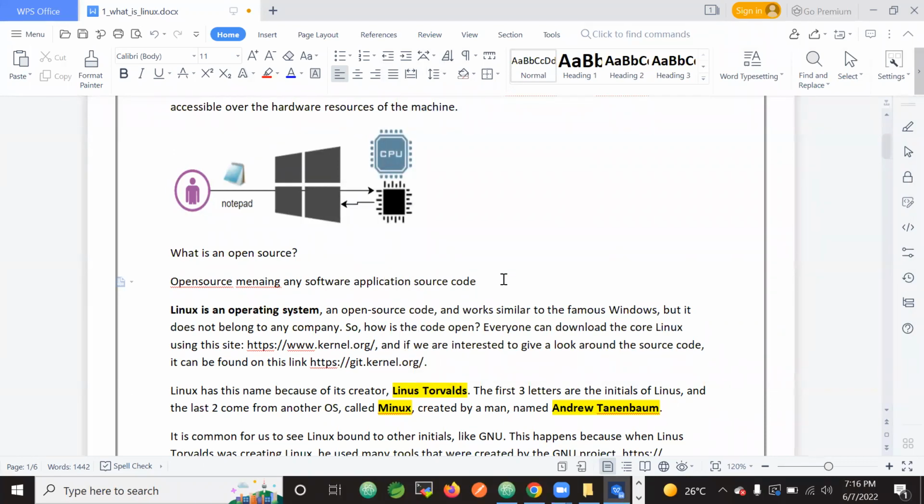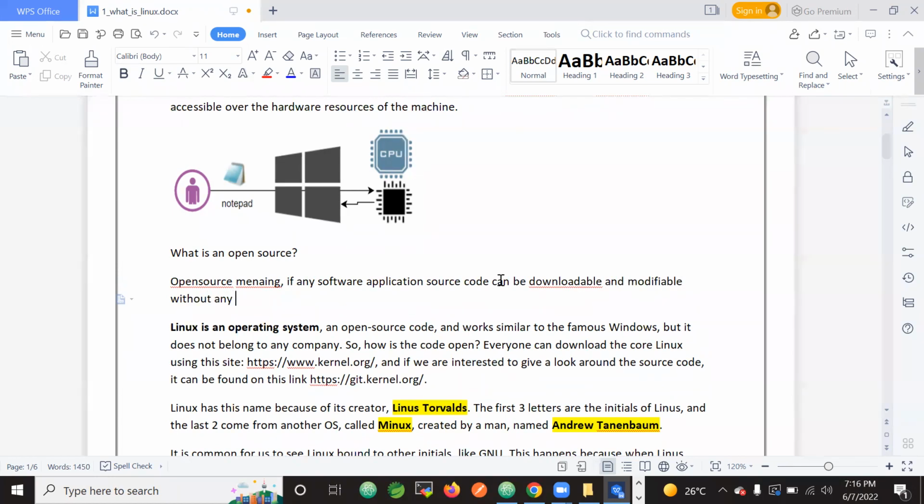Open source means that if any software application's source code can be downloadable and modifiable without any licensing permissions, it is called open source.